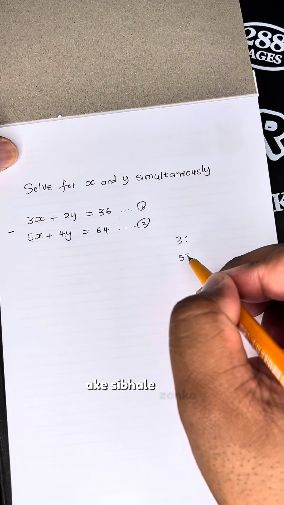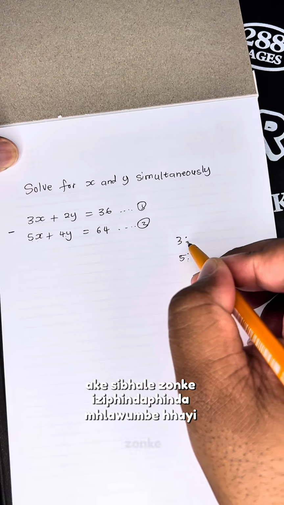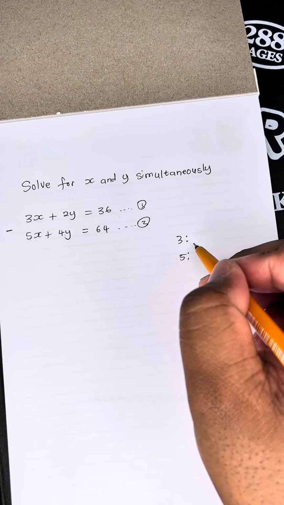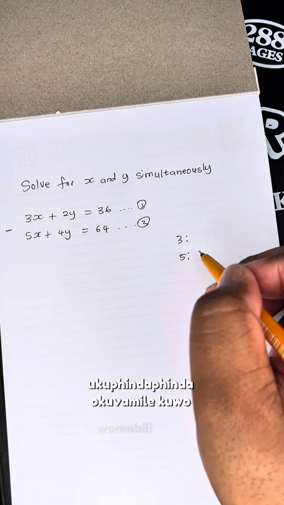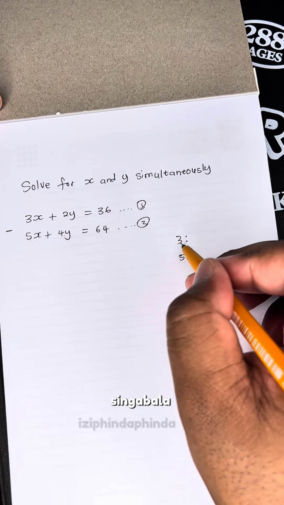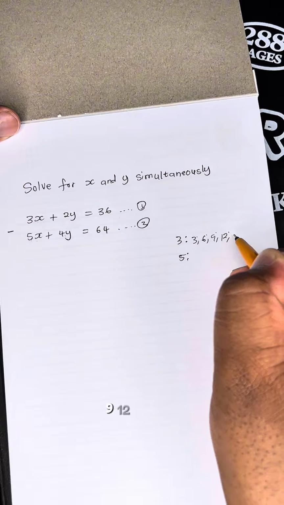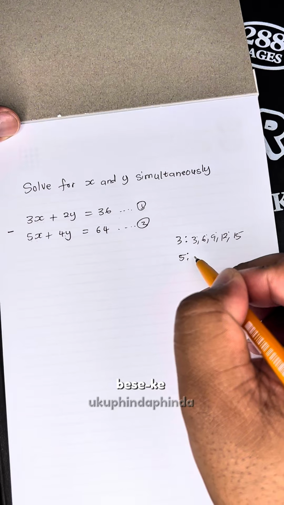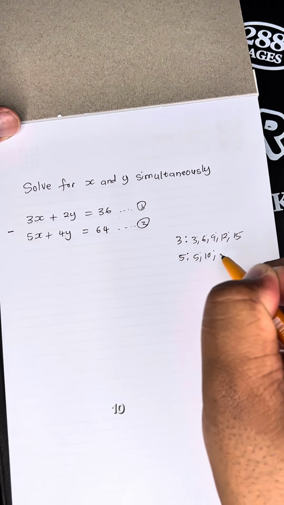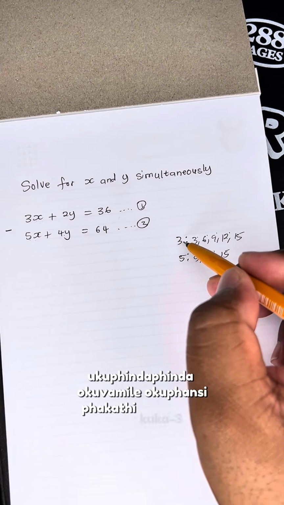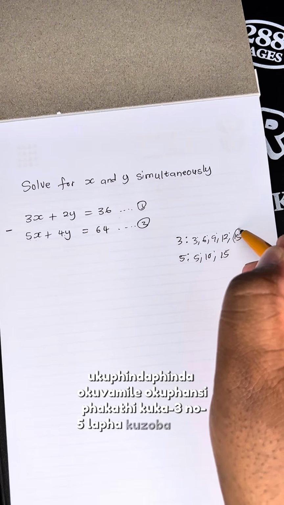Let us list all the multiples, maybe not all, but the goal is to make sure that we reach a common multiple on both coefficients. We can list the multiples of 3: 3, 6, 9, 12, and 15. And then the multiples of 5, we're going to have 5, 10, and 15. We can see that the lowest common multiple between 3 and 5 here will be 15.